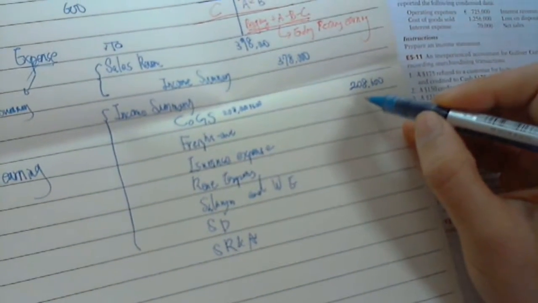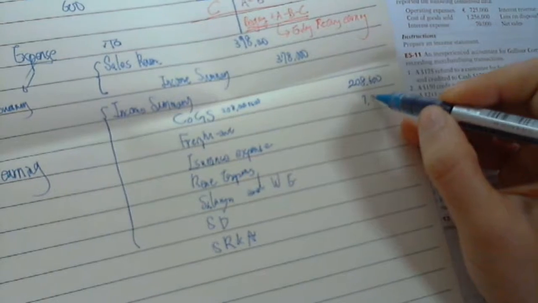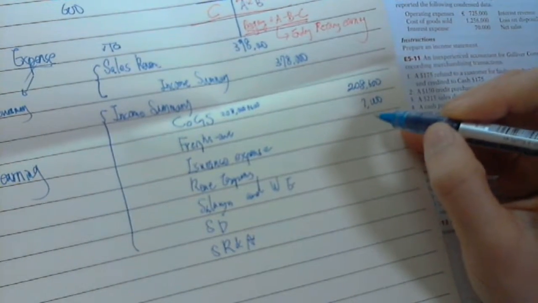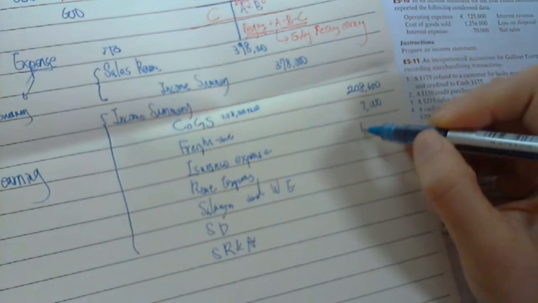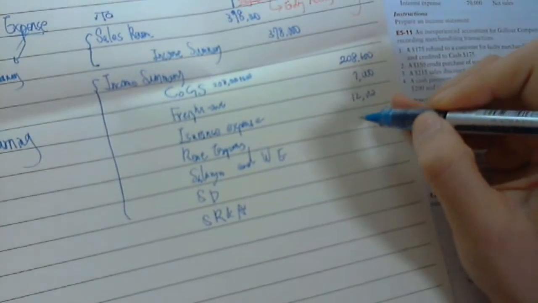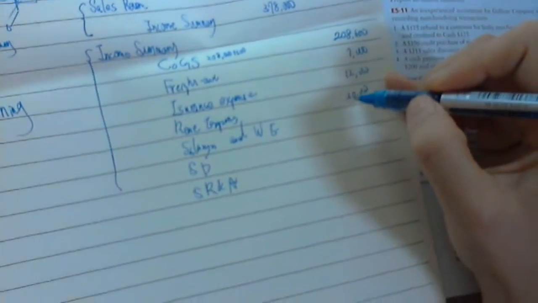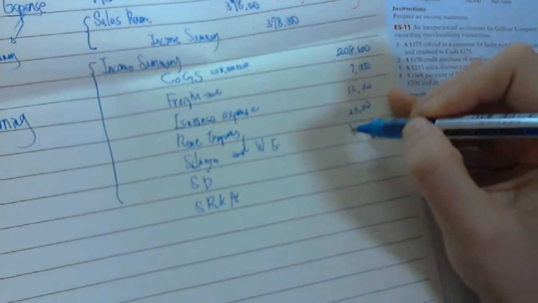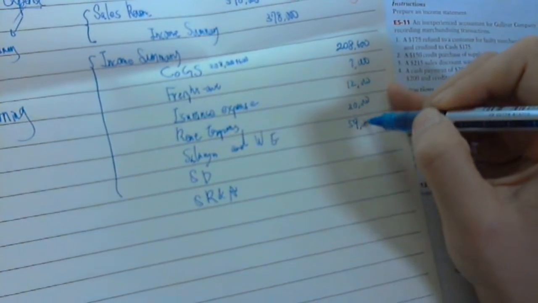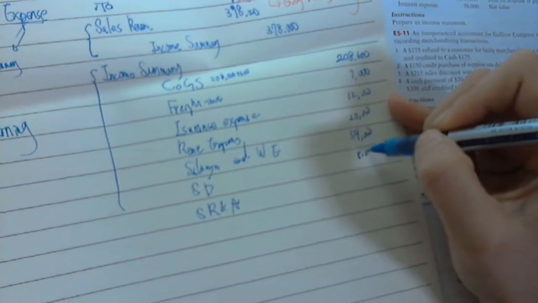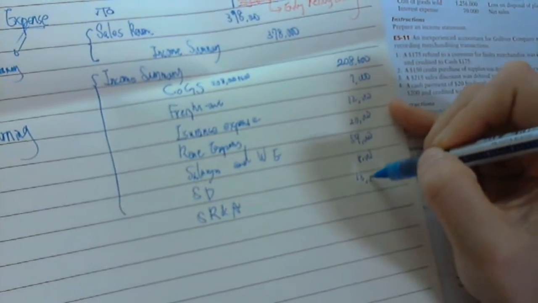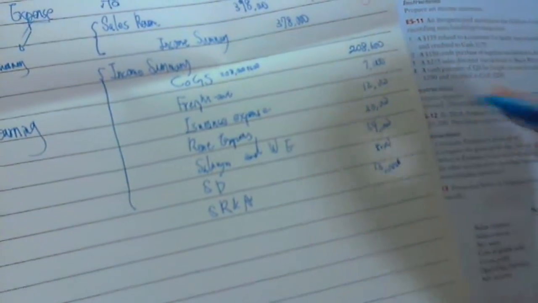Okay. Then the freight out is 7,000. Insurance expense 12,000. Rent expense 20,000. Salaries and wages expense 59,000. 8,000 and 13,000. Okay.